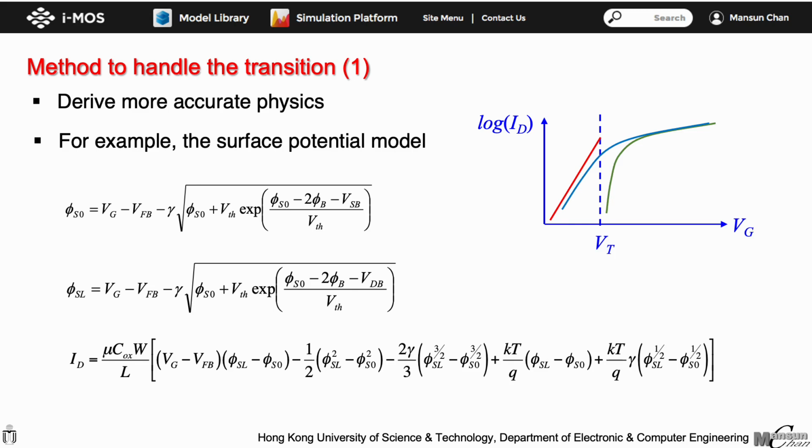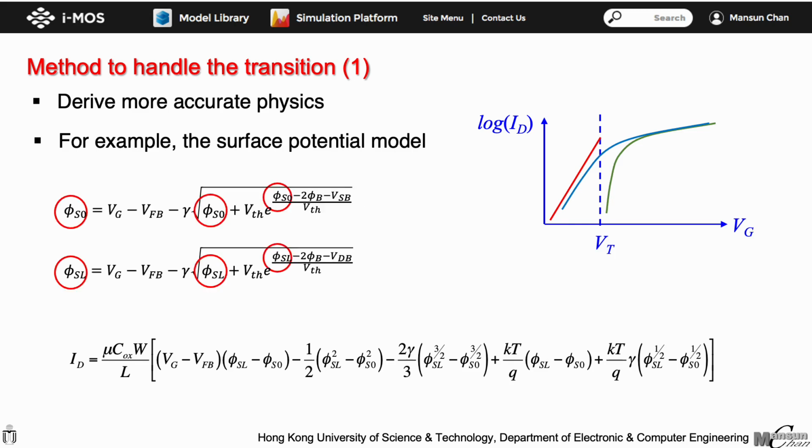This approach has some drawbacks. First of all, the equations used to calculate the surface potential phi s at the source and drain are transcendental equations without explicit form. So, iteration is needed to solve the surface potential, and it is not very simulation friendly. However, the number of iterations can be reduced by providing an appropriate initial guess.